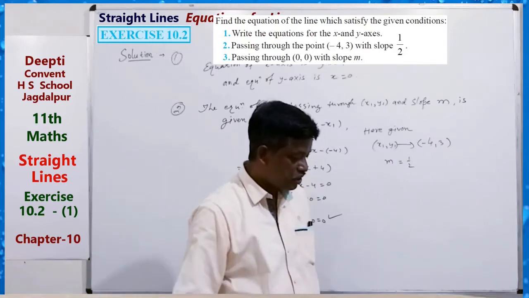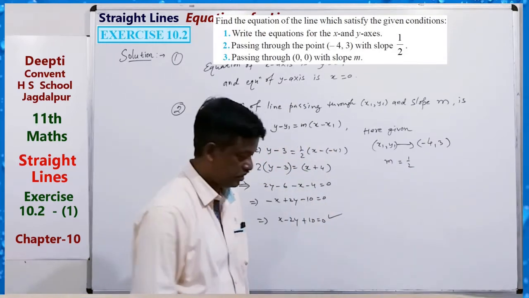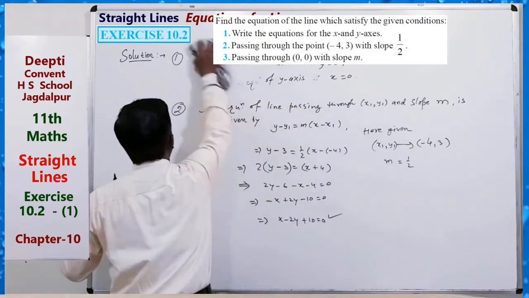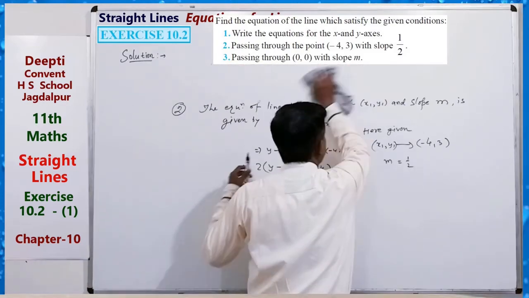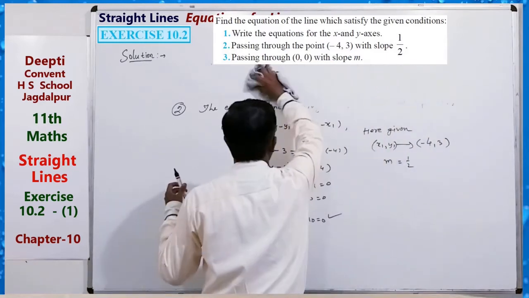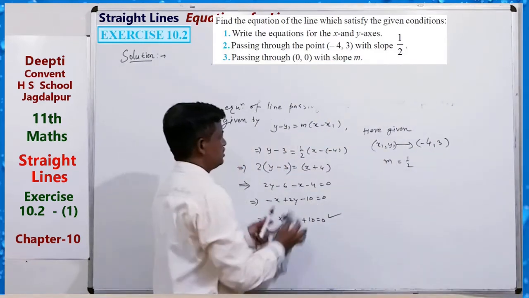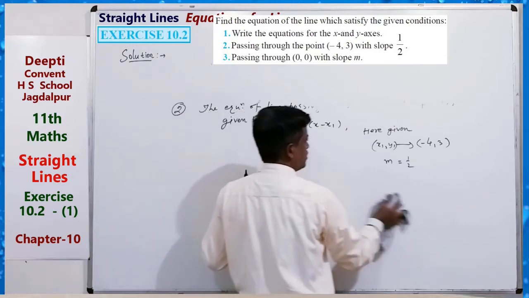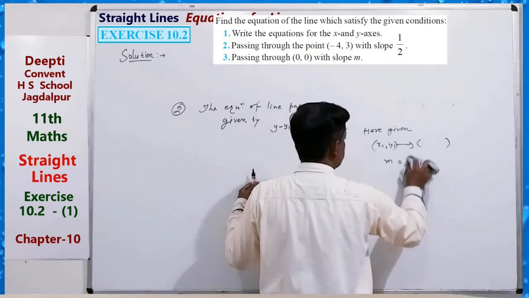Now, question third: passing through 0, 0 with slope m. The equation of a line passing through 0, 0 and slope m. So here it is simple. The point is 0, 0 and the slope is m.